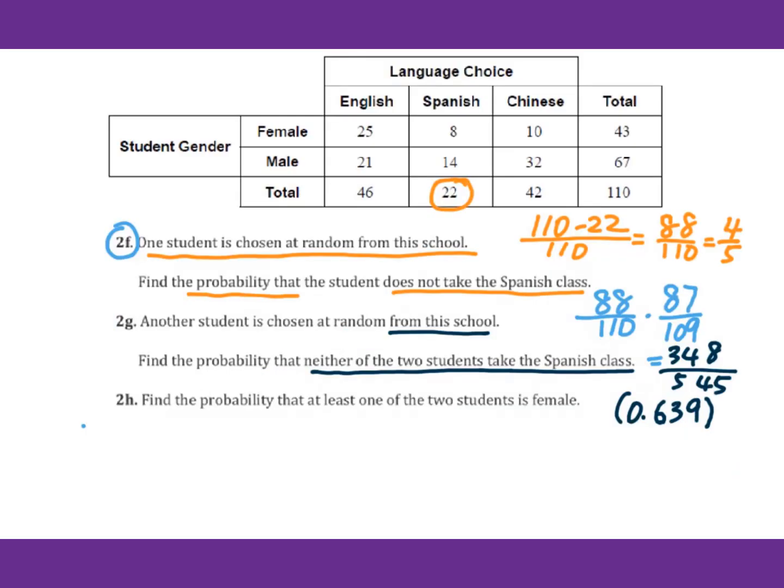Now let's go to 2H. Find the probability that at least one of the two students is a female. When you see the words at least, the better way is to do 1 minus the probability that neither of the students is a female.